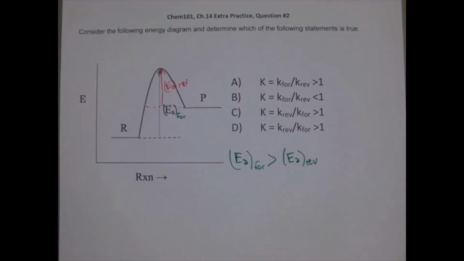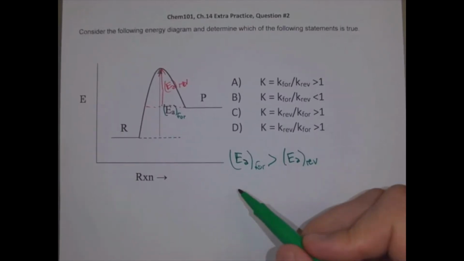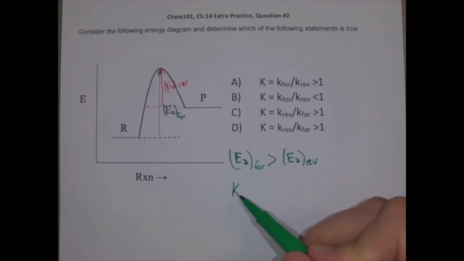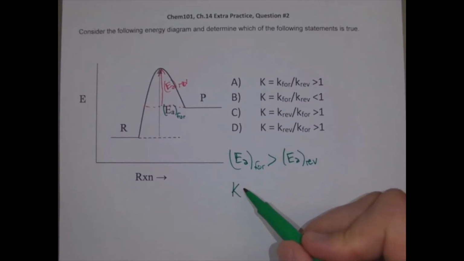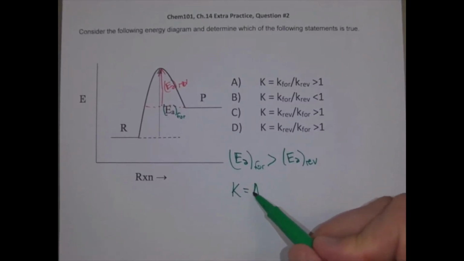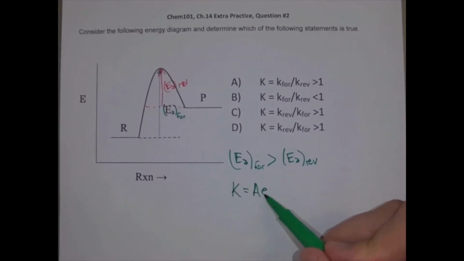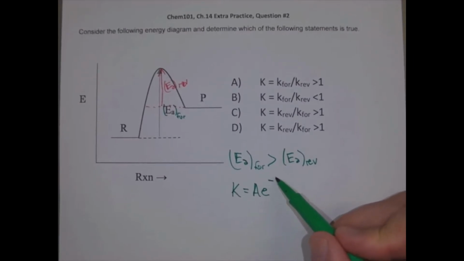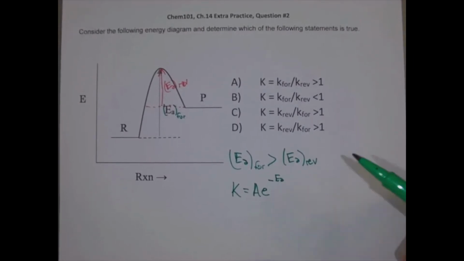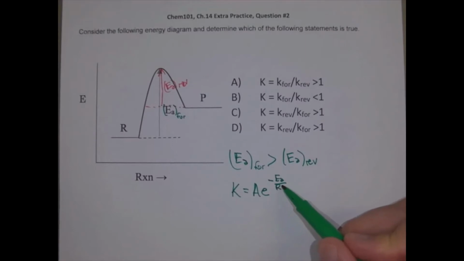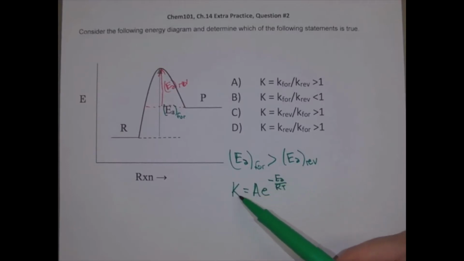The reason that's important is that, if you remember from chapter 13, we learned the Arrhenius equation, which says that the rate constant is equal to the frequency factor times e raised to the power of negative Ea, the activation energy, divided by RT. And so the larger the activation energy, the smaller the rate constant.